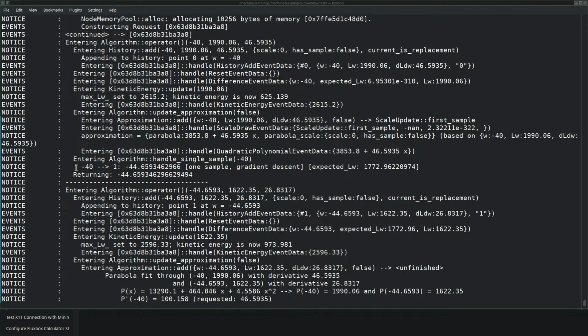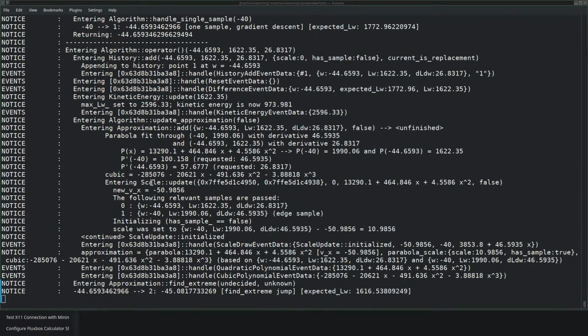We went from -40 to -44. Okay, that's a very big jump. And then the nearest extreme was probably the minimum. After that, yeah.